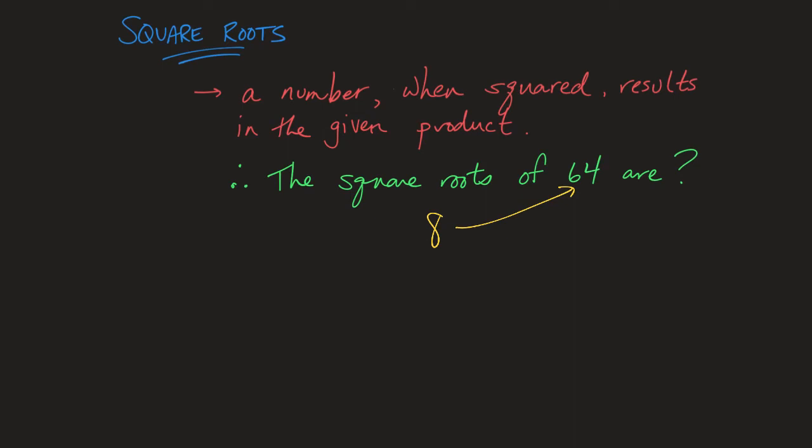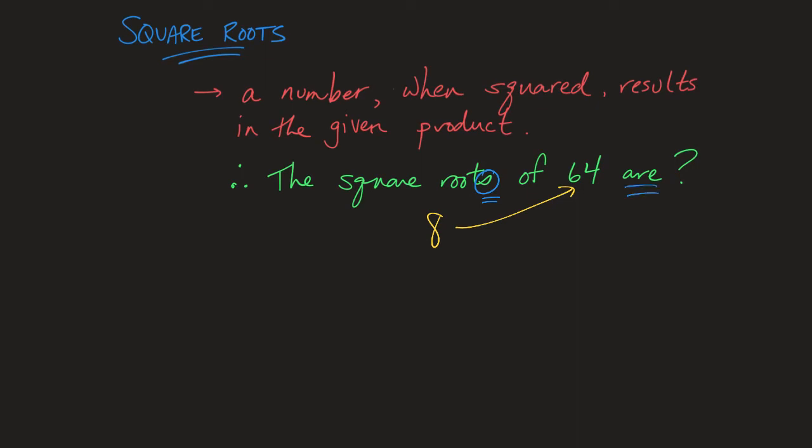Okay, what's my other square root? Now, I'm going to have some of you that kind of sit there and go like, wait a second, there's another number that multiplies by itself to give 64? And we might be puzzled by the question. Some of us even caught that because in the green question, I put an S on the end of roots. So I told you that they were plural.